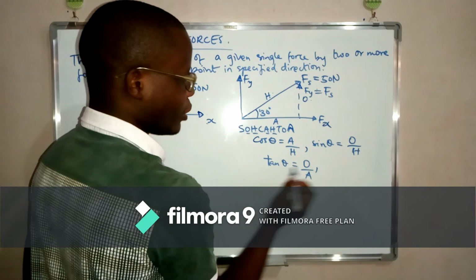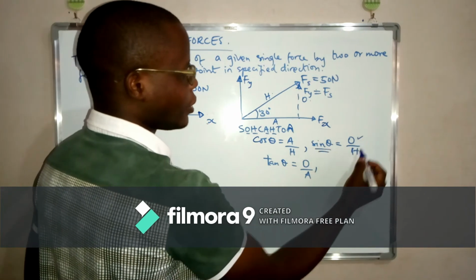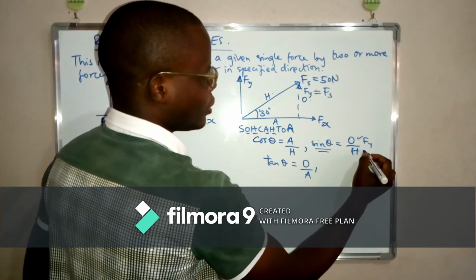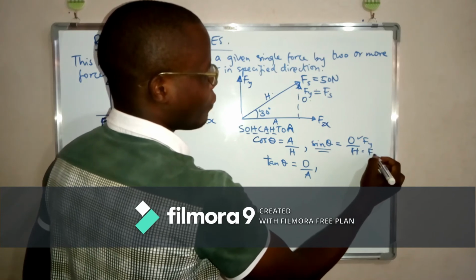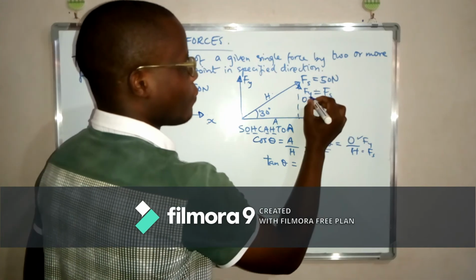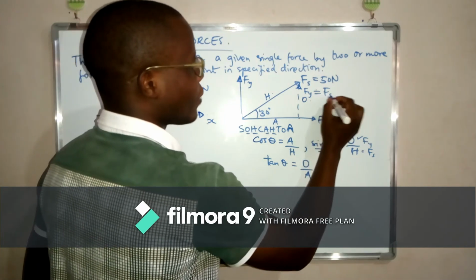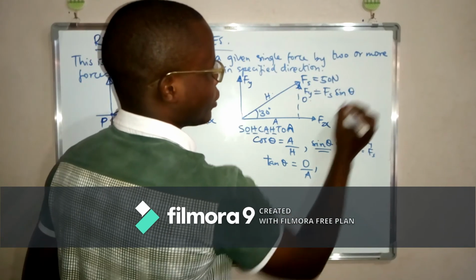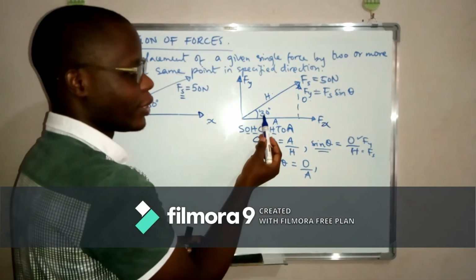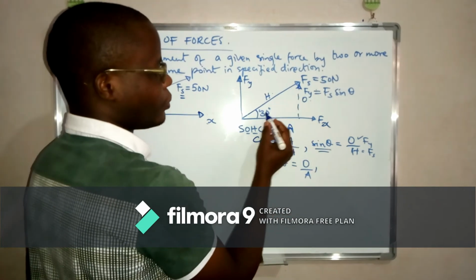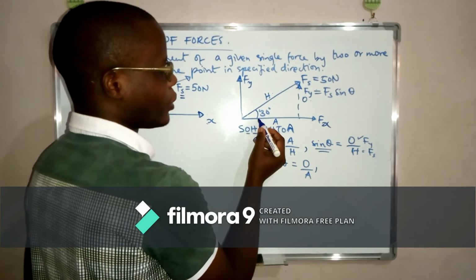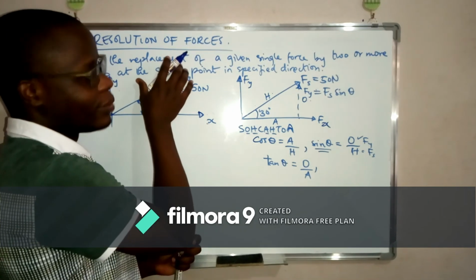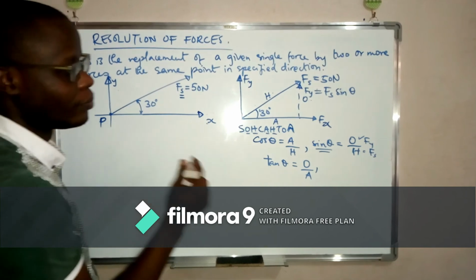Then we use this part because we have opposite, which is Fy, and we have hypotenuse, which is Fs. So Fy is equal to Fs sine theta, where theta is the angle between the horizontal and the force whose resolution we are getting.